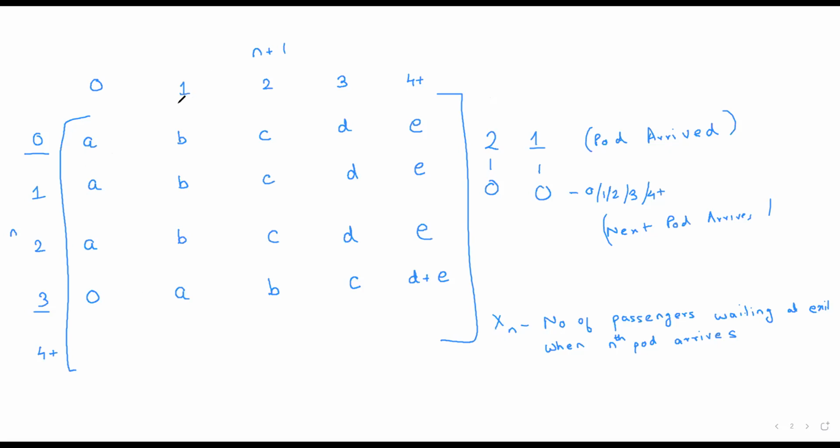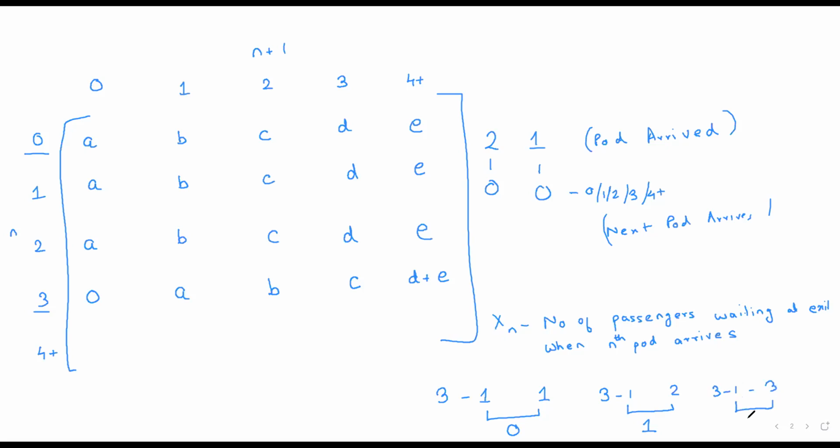This will be zero. How will it be one when the next pod arrives? If one was C, again, three was there. From three, we took one immediately. Now, again, I want one. So, how many passengers should come? Zero passengers, the probability of which is A. How will I go from 3 to 1 to 2? If one passenger comes, the probability of which is B. How will I go from 3 to 1 to 3?